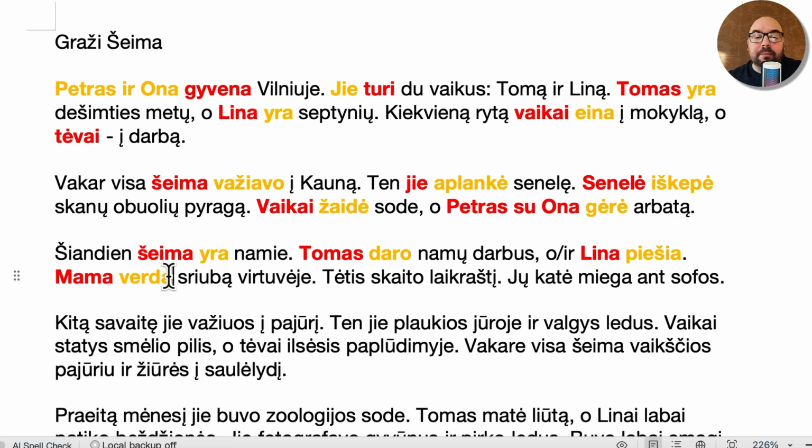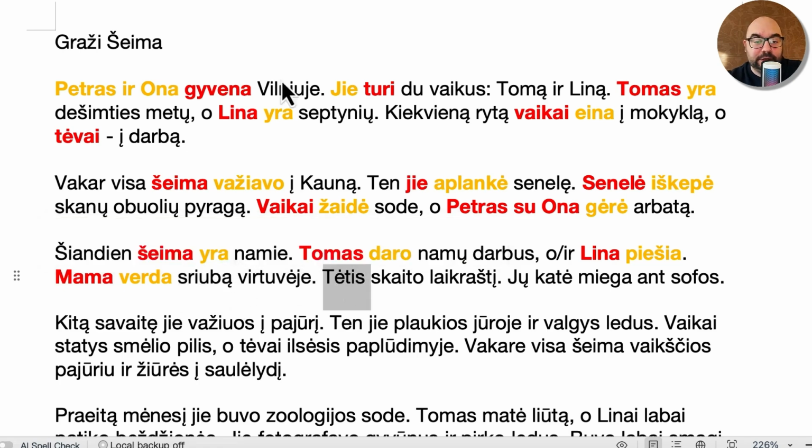You can say gamina, gaminti, which is to make food, prepare food. But usually, let's say I'm boiling eggs. So in this case, we're actually boiling. So verda, like say sausages, verda, right? Soup, verda, porridge, verda. Yeah. So all of these that are actually being boiled, we say boil, okay? Once again, sriuba, that's a direct object, so it's an accusative tense.